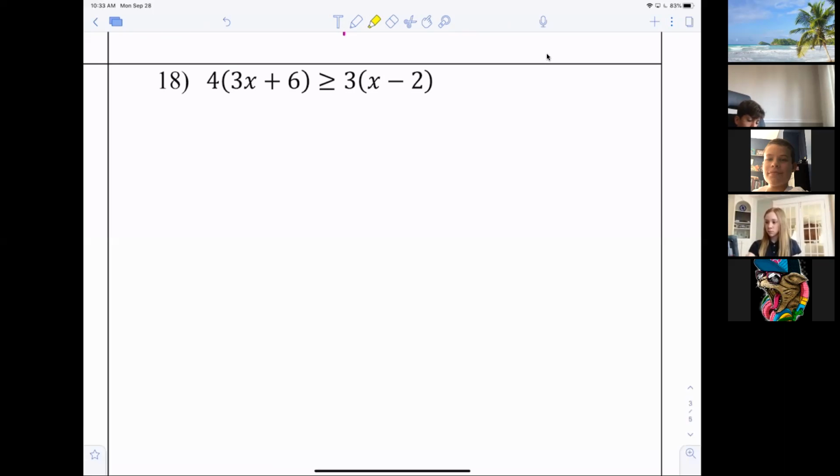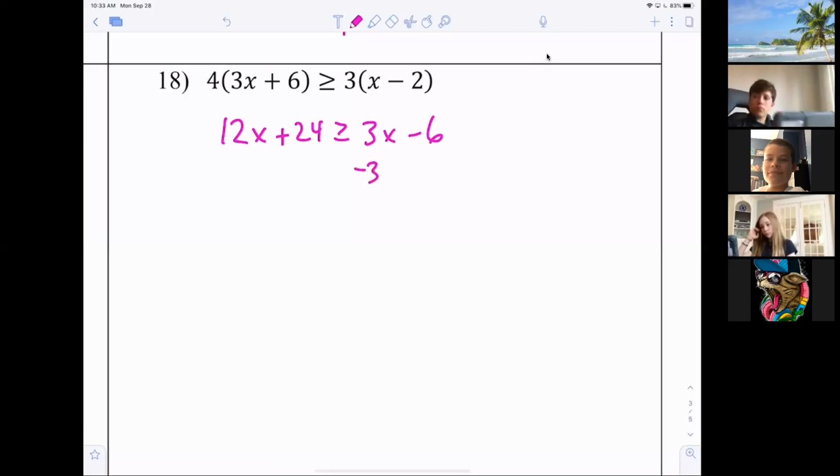All right, let's see how we're doing with the distributive property. So I have 12x plus 24 is greater than or equal to 3x minus 6. Anybody have any issues with that? Anybody have any issues with the distributive property? Subtracting 3x.